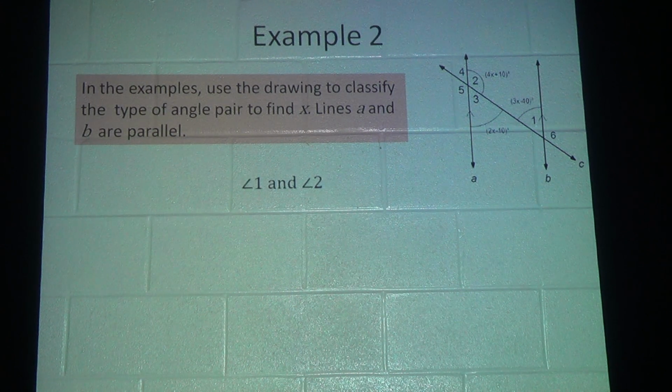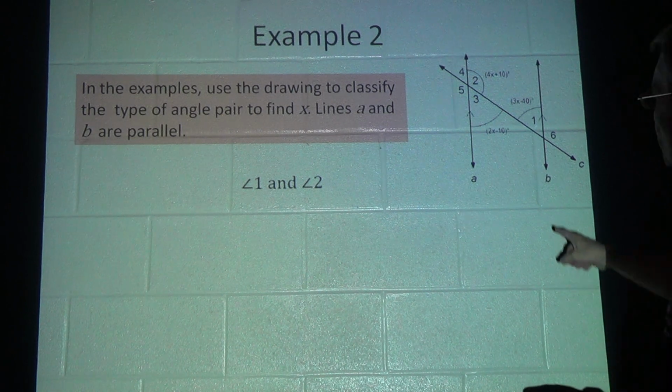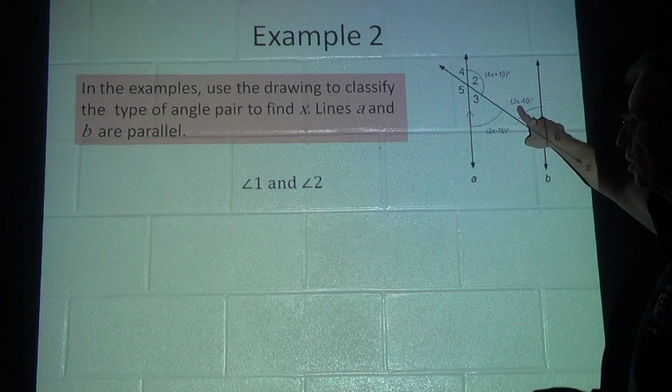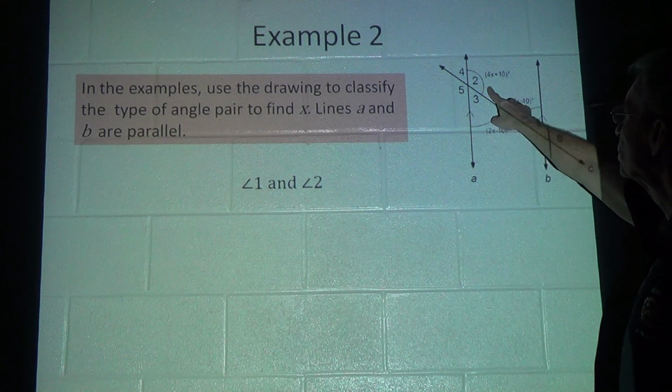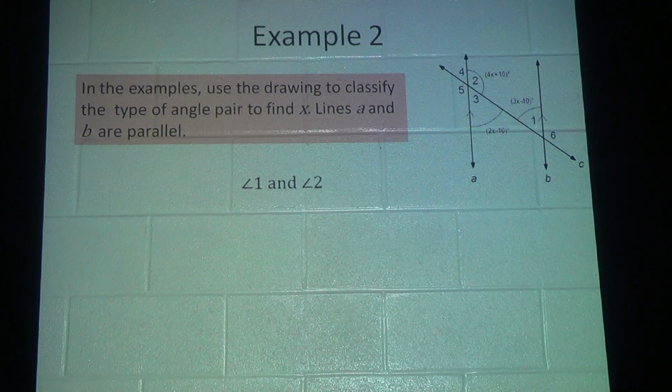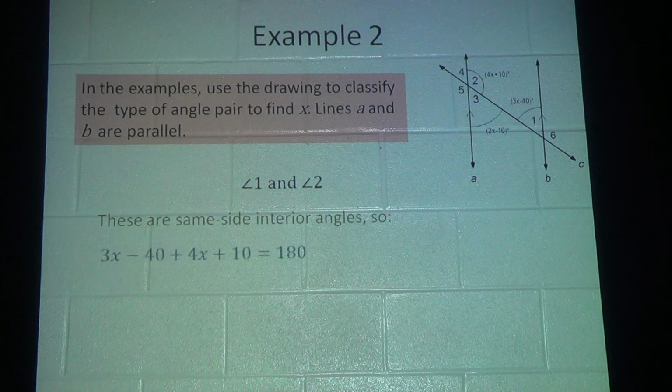Example 2, angles 1 and 2. We've got angle 1 here, represented by 3x minus 40, and angle 2 up here, which is 4x plus 10. Together those two angles have to add up to 180 because they're same side interior angles. So 3x minus 40 plus 4x plus 10 equals 180.